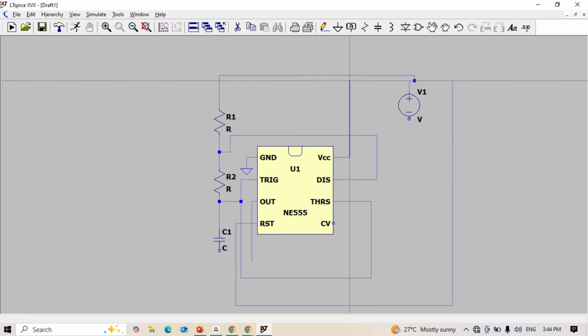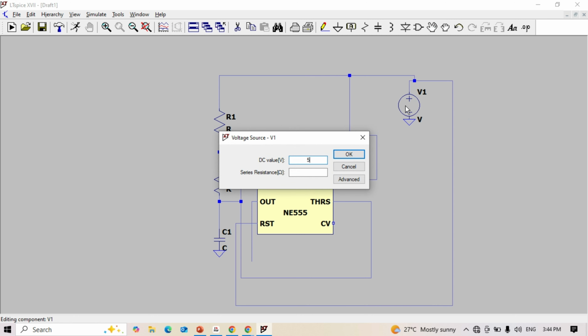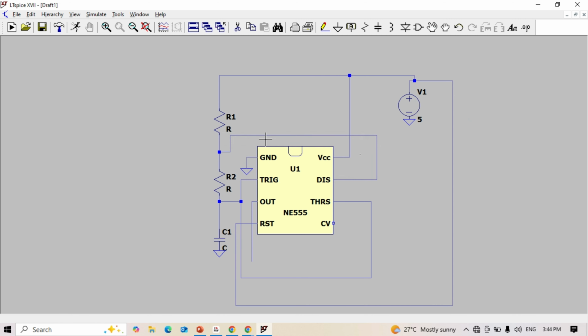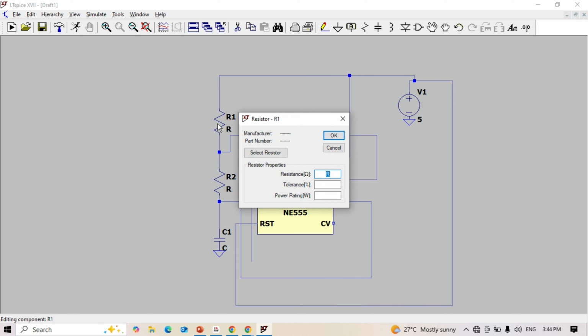When we are configuring the astable multivibrator, you can connect here, and ground we need here. Let's make this 5 volts. Okay, let's make this guy 10k, and this guy I can make 50k.